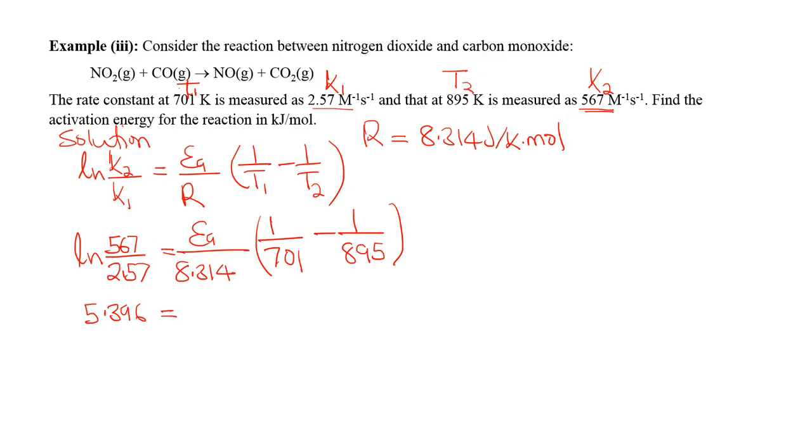When we play around, 1 over 701 minus 1 over 895 divided by 8.314.